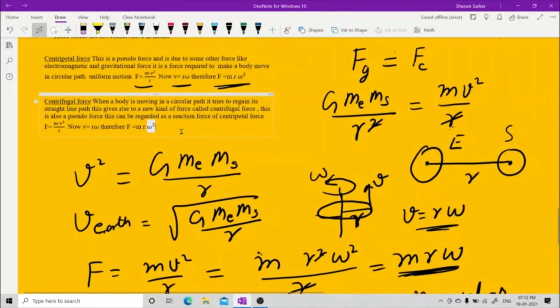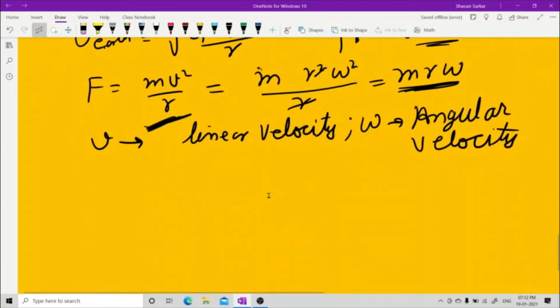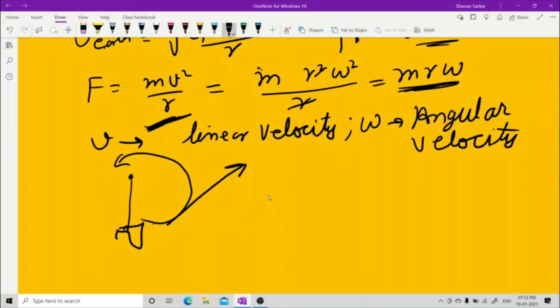Now this is always tangential. See, you tie a stone to a rope and revolve it. The moment you leave the stone after revolving, it will fly in this direction, tangentially to the path.